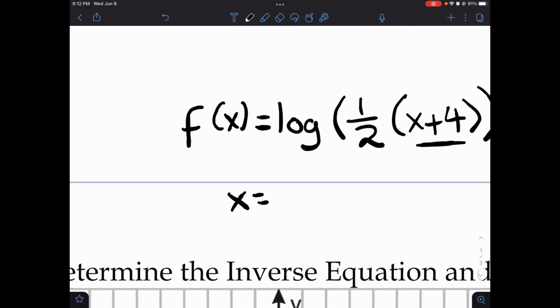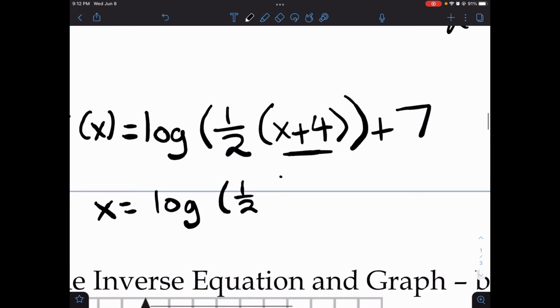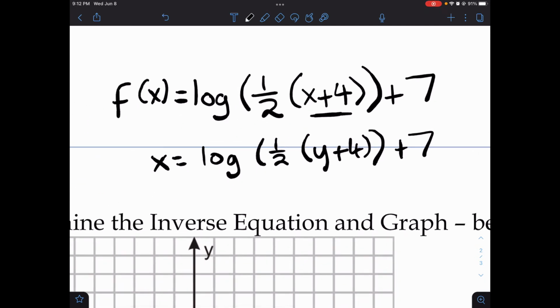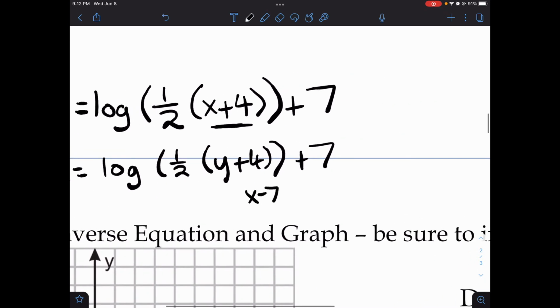So x is equal to log of 1/2 y plus 4 plus 7. First we start off by subtracting 7, so we get x minus 7, which is equal to the log of 1/2 y plus 4.